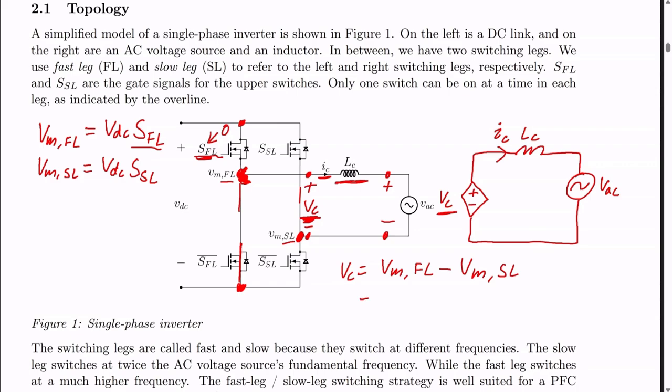And this can be rewritten as the DC link voltage multiplied with the fast leg minus the slow leg. So that is basically what VC is and how a generator generates a voltage.